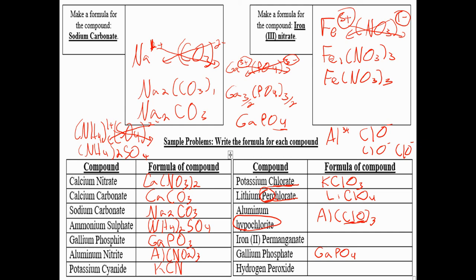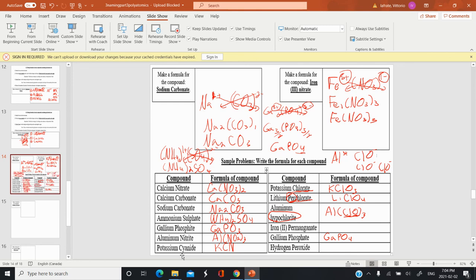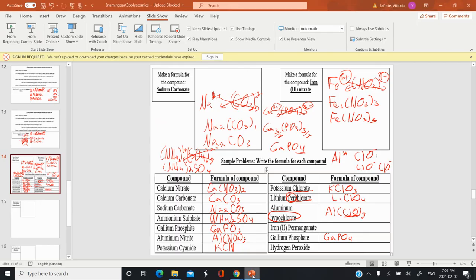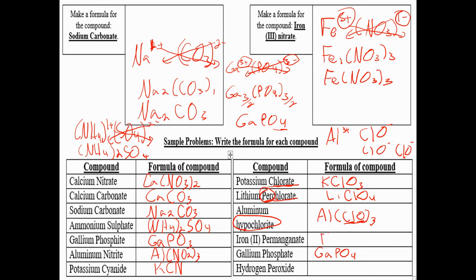And then if you didn't know what permanganate was, you could take a look at your table of polyatomic ions to find permanganate. If it's not given to you in your polyatomic ion table, unless I told you to memorize it, I would provide it to you on the test itself. Permanganate is MnO4 minus. So iron 2 permanganate would be Fe(MnO4) and then a 2 there because you did the crisscross.